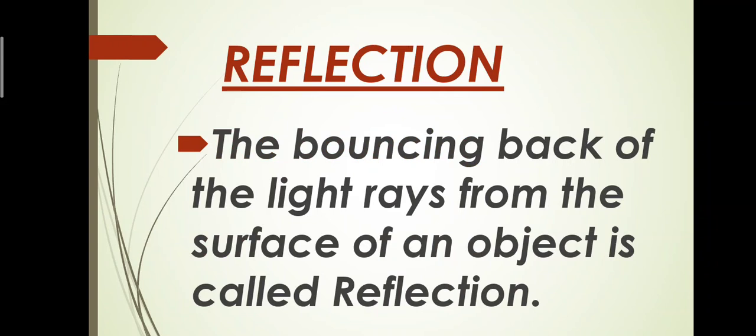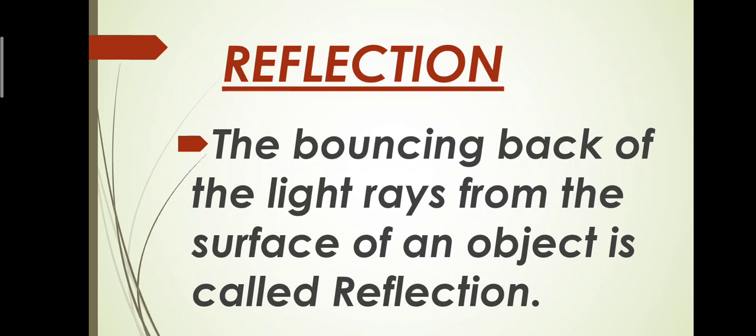which is reflection. What is reflection, or what do you mean by reflection? The bouncing back of the light rays from the surface of an object is called reflection. When the light rays fall on a surface, some of the rays bounce back, and this bouncing back phenomenon is called reflection.